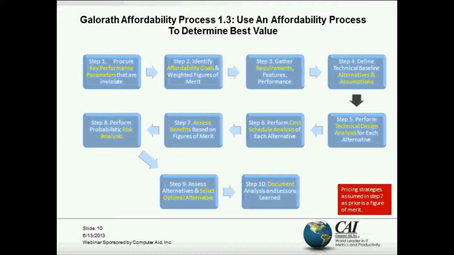And these are basically metrics that are to be considered as part of this, but not necessarily ones that will cause a go, no-go decision on the system. The third step is to gather information, requirements, and features. In order to perform this type of analysis, of course, you need data, you need information.